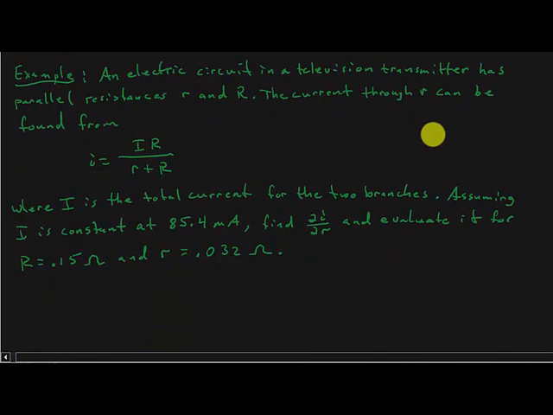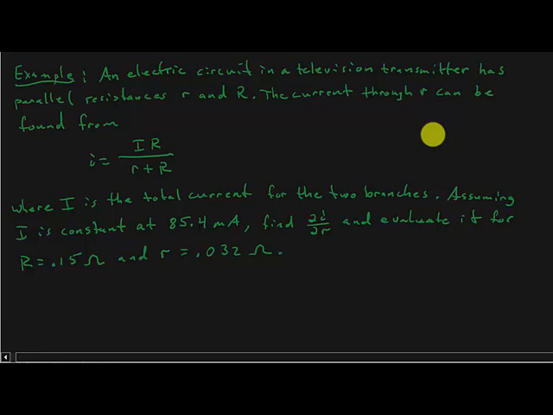All right, so how about this one? Let's see, it says an electric circuit in a television transmitter has parallel resistances little r and big R. The current through little r can be found from little I equals big I times big R over little r plus big R, where big I is the total current for the two branches.